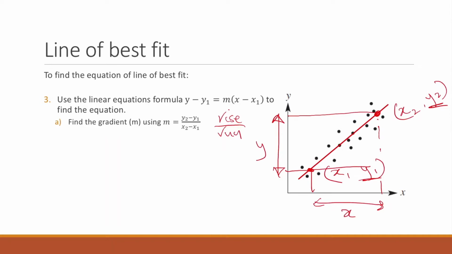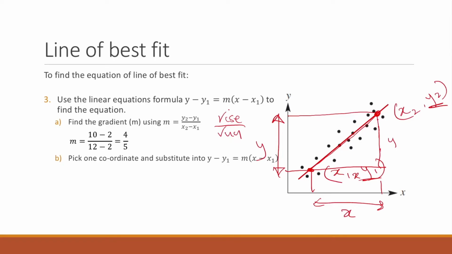So essentially, we make a triangle. That's the y, that's the x, and we find the slope. So in this case, we've got 12, 10, and 2 and 2. We subtract them, we get 4 over 5.